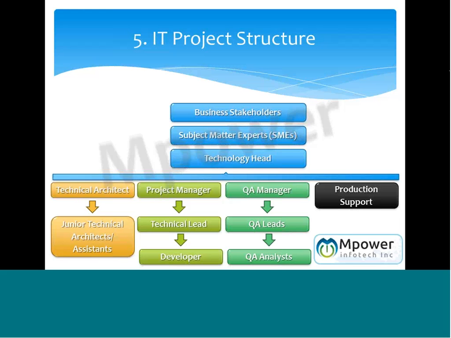Now, in order to have a successful IT project implemented, you must agree that the business users, the business stakeholders, experts, and the technology team, both these teams should communicate properly and effectively. But I think there is an issue here. Both these teams come from diversified backgrounds.